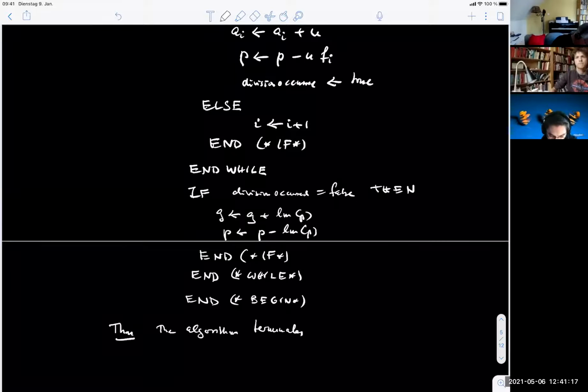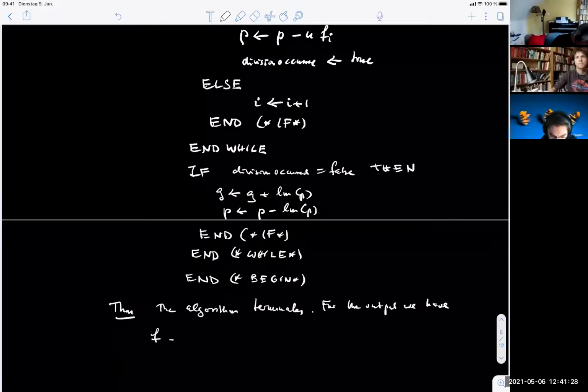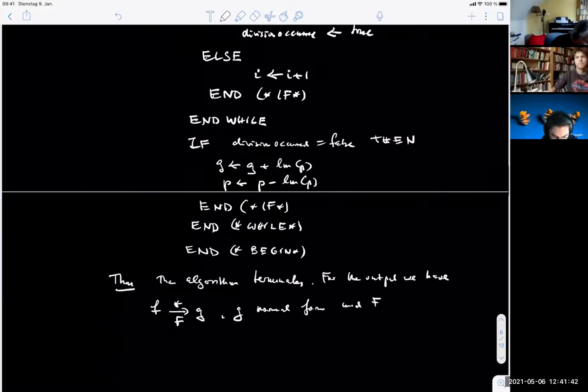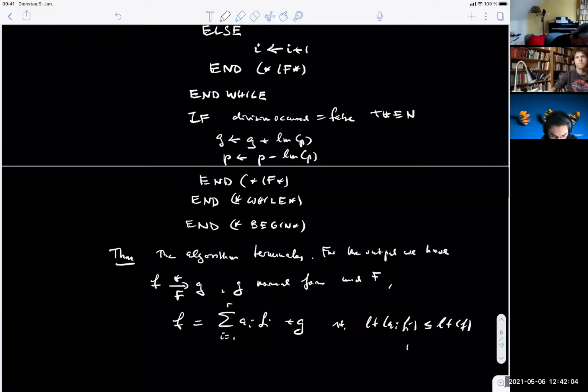For the output, this is what we want: f reduces to g, g is a normal form mod F, and I have this representation such that, as in the lemma, the leading term of Ai Fi is less than or equal to the leading term of f for all i with Ai non-zero.